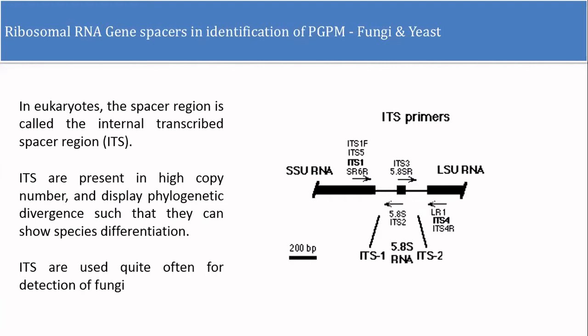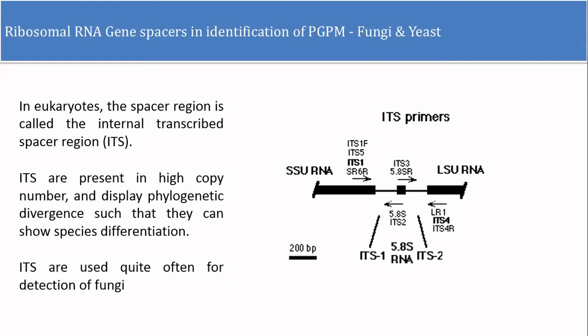Then again, when you get the sequencing, as we all know, the sequencing cost has come down, and for sequencing this ITS or the 16S rRNA gene for a sample of a particular amplified fragment, it just costs about $8 or $10 US. So it's not much.